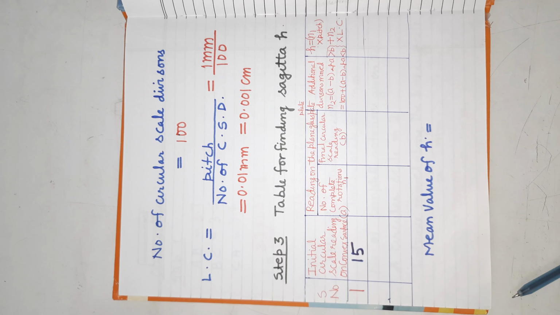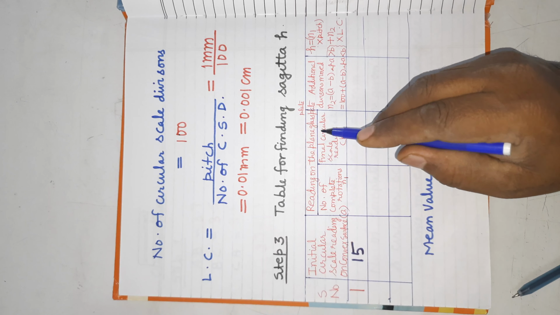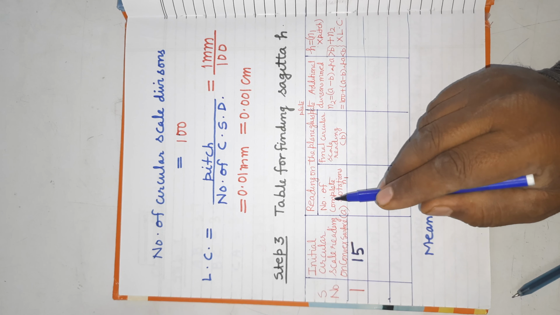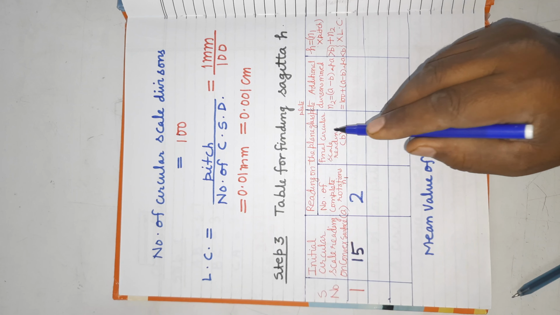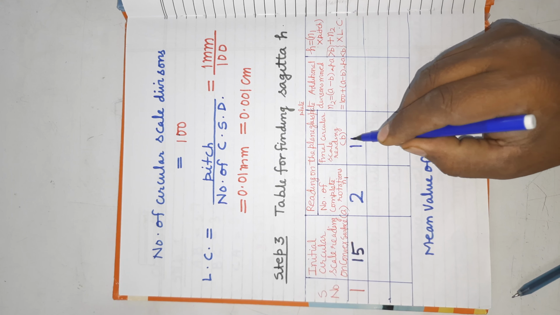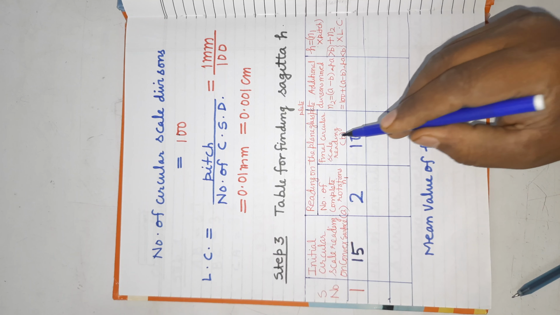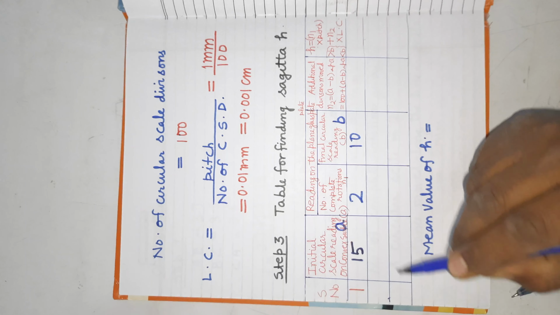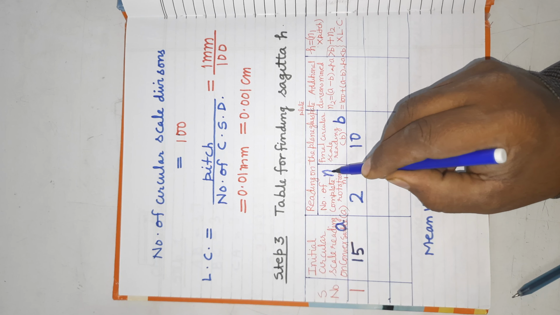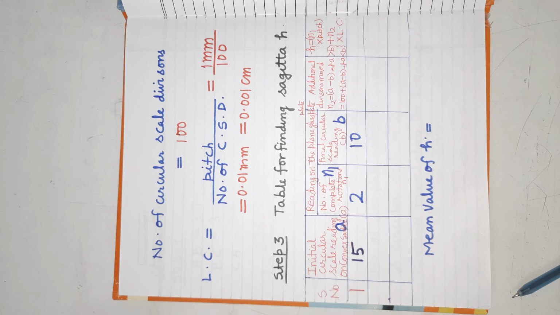So you will find that reading on the plain glass plate, number of complete rotations 2. It is clear. Final circular scale reading is 10. Now this is denoted by B, this is denoted by A, and this is N1. It is clear.